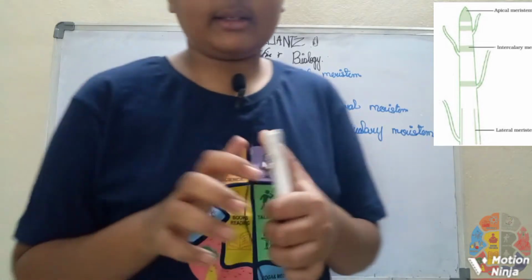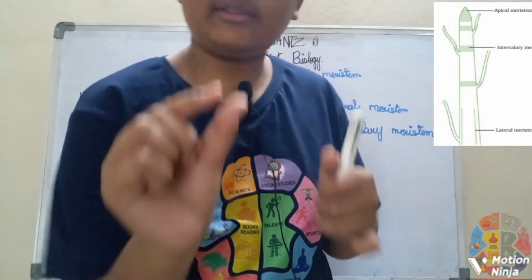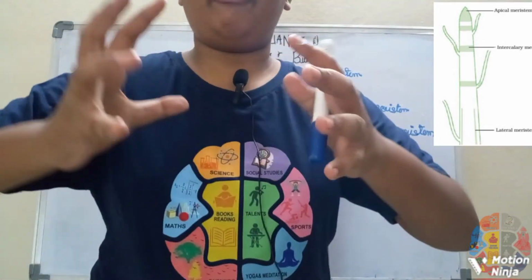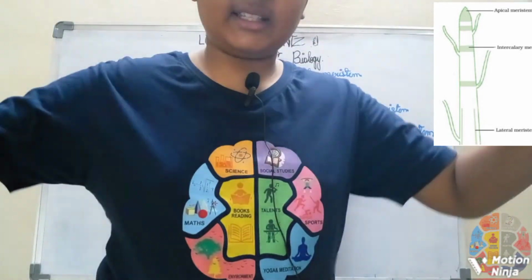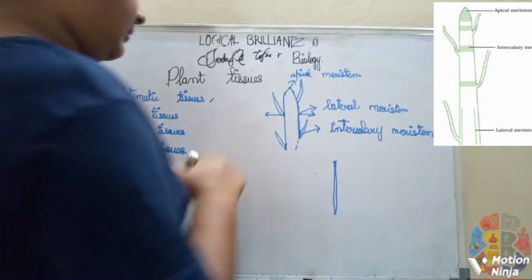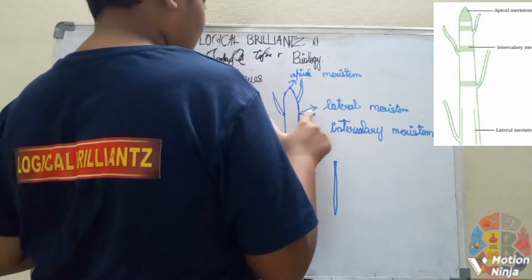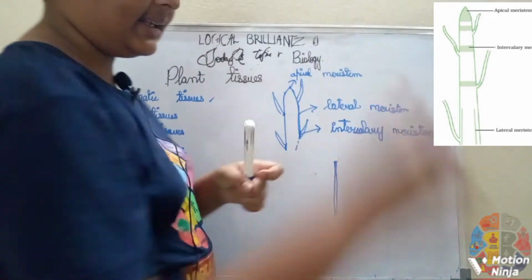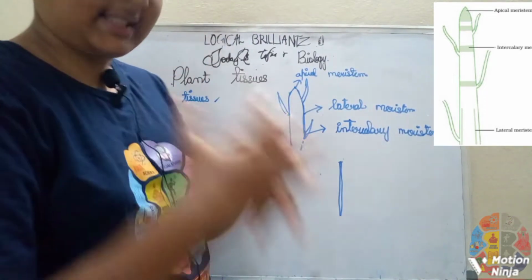That is why when it is in a plant stage, its stem is very thin. When it is in a tree stage, its trunk is very hard. Its width is increasing because of lateral meristem. If lateral meristem is not present, it will just look thin, even in a tree stage, the same as in a plant stage.